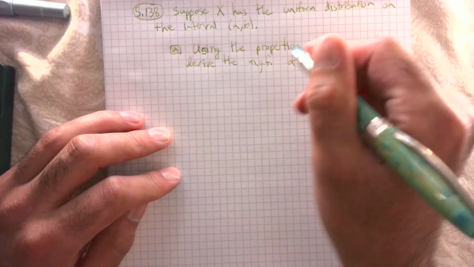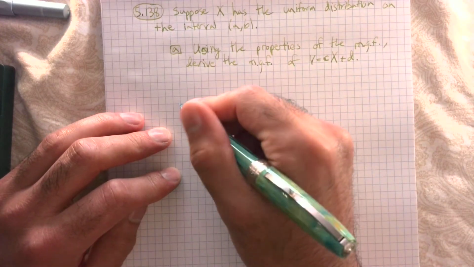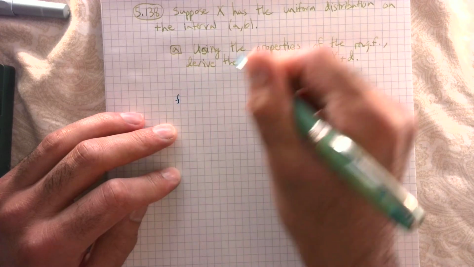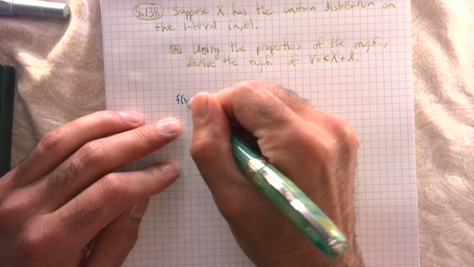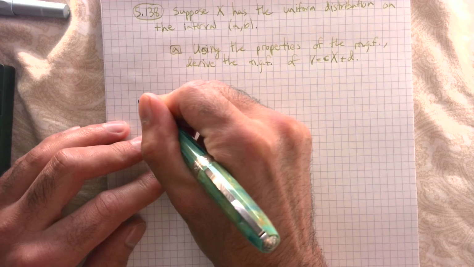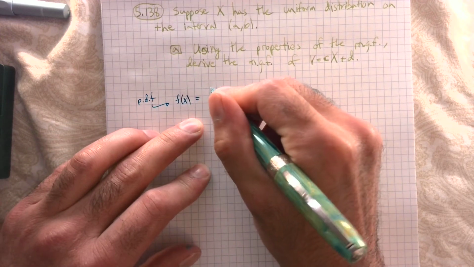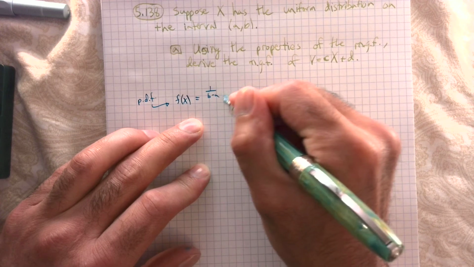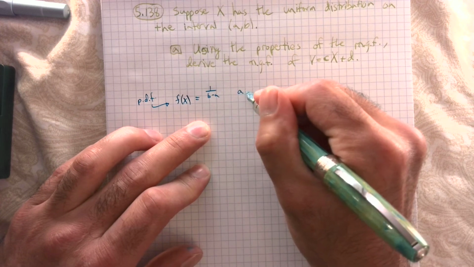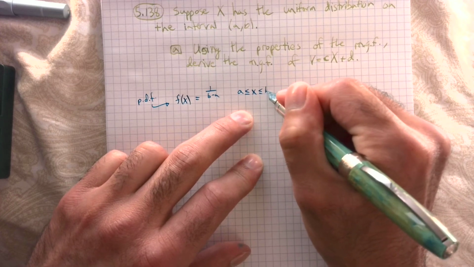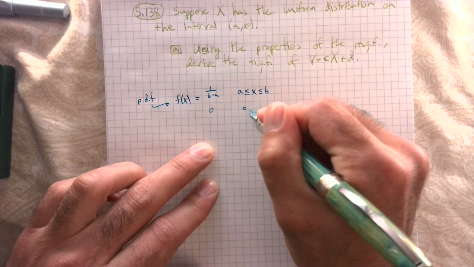So for the moment generating function of x, which you guys should have done in your homework, if it's uniform from a to b, that means the probability density function of that random variable is going to equal 1 over b minus a when x is between a and b, and it's going to be 0 otherwise.